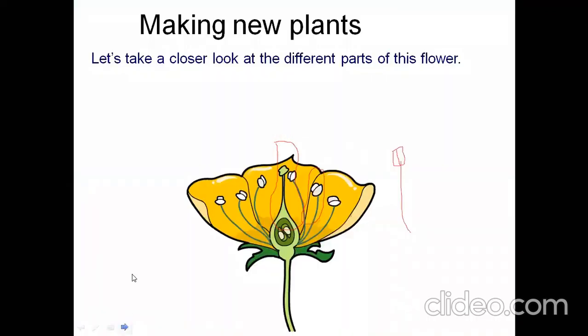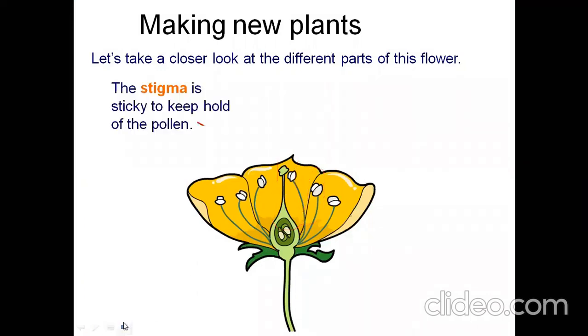Now let's take a close look at the different parts of the flower in detail. First, the stigma is sticky to keep hold of pollen grain. I told you already, pollen grain will develop in the anther and come toward this stigma. It is sticky to hold the pollen grain.